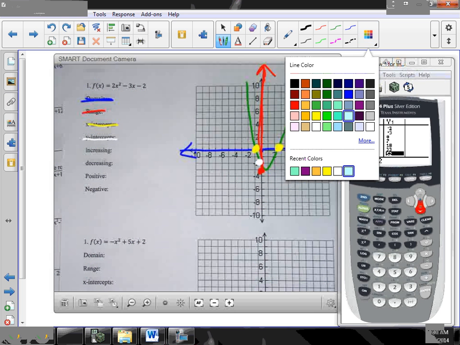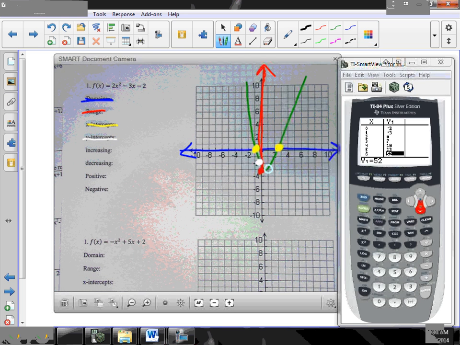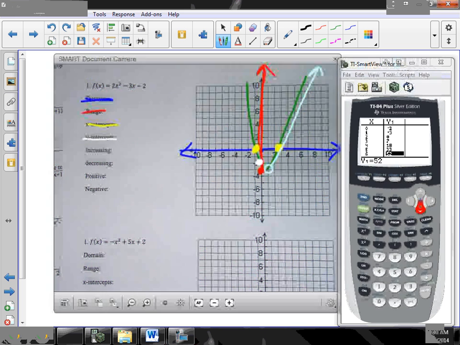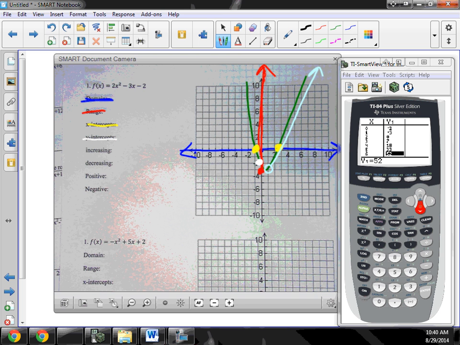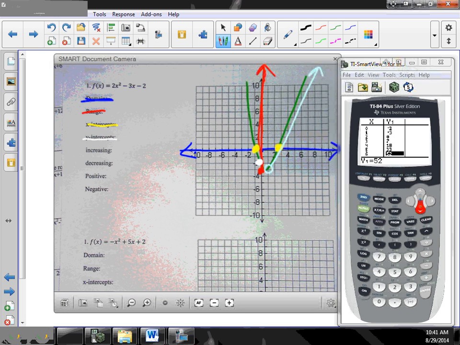And at the minimum, I'm going to draw an open circle, and then I'm going to trace the increasing. So the right side of that graph is considered increasing because as we travel from left to right, it is going up. Okay?